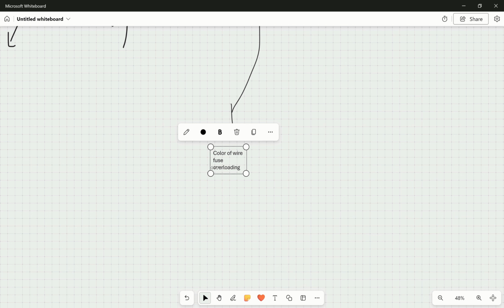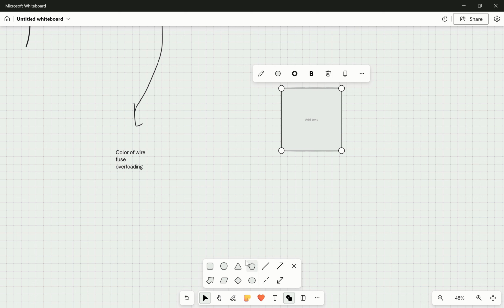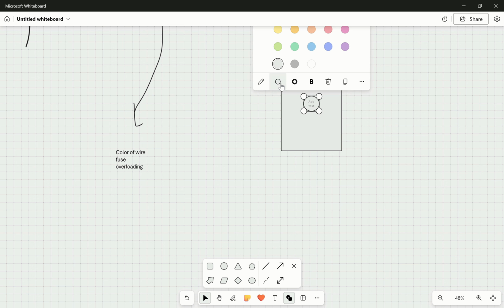So the color of wires, let's take it here. You may have seen in sockets. Let's make a socket here. This is a socket. Okay, so you may have seen there are three pins. First is this, let's make it green.